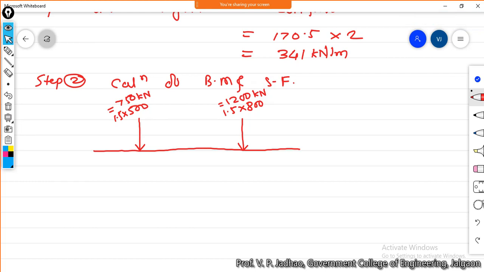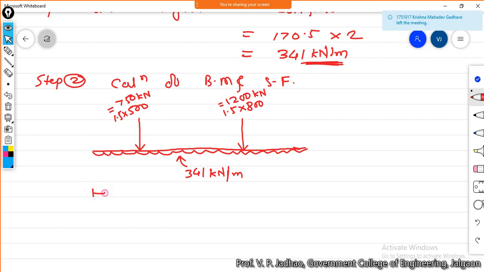Now there is some upward soil pressure which is acting along the length of the footing, that is equal to 341 kilonewton per meter. So apply upward soil pressure of 341 kilonewton per meter load. This projection A1, we already know, is equal to 0.4 meter.